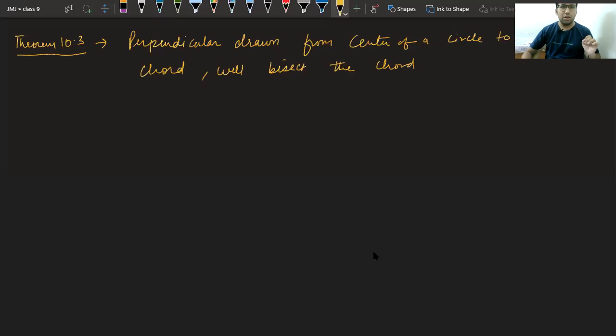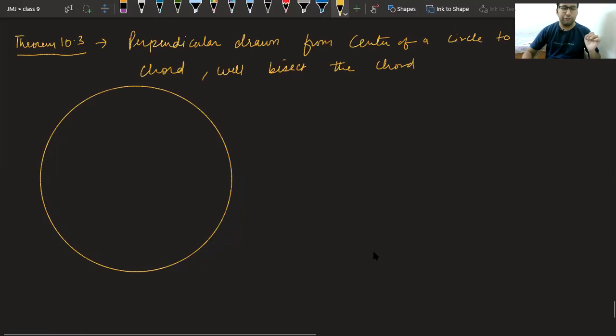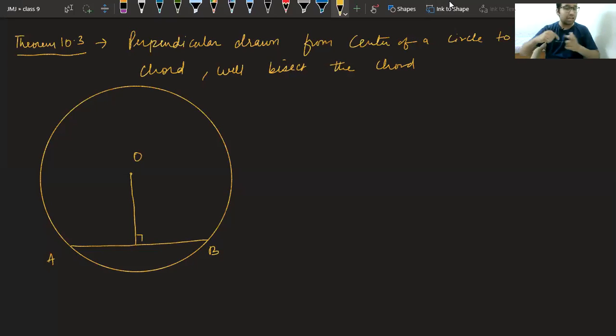Now see. In this question, you all will help me prove this thing. First, let me know, are you able to understand? It is not given, beta. You have to prove. They are saying perpendicular drawn from center to a chord. So suppose you have a chord AB like this. It is a very simple theorem. This is saying perpendicular drawn from center to a chord bisects the chord.